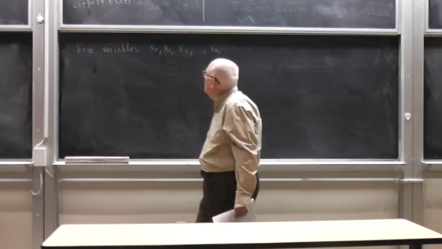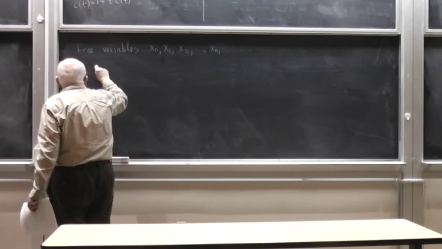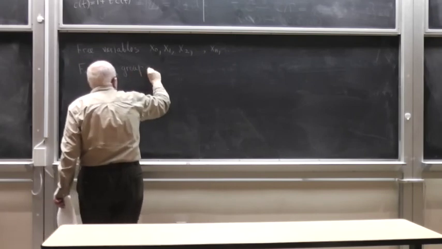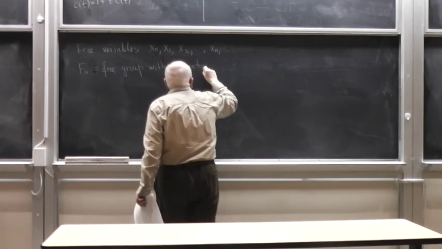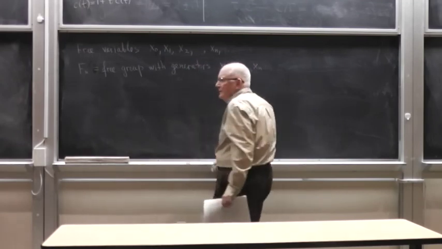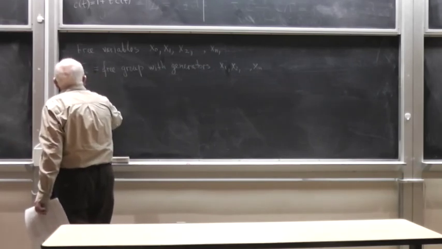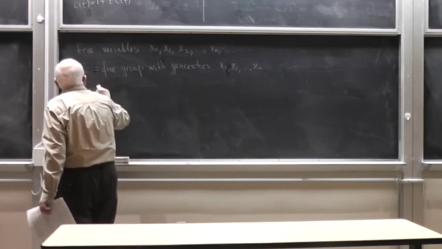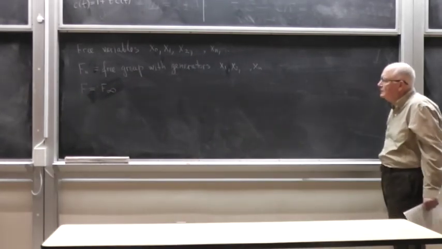Those are just free variables, and I will denote by Fn the free group with generators x1, x2, up to xn, and I may include all of them: F will be F infinity, when all these sequences are included.